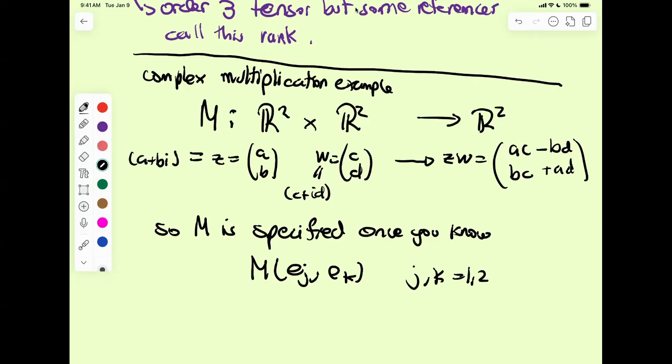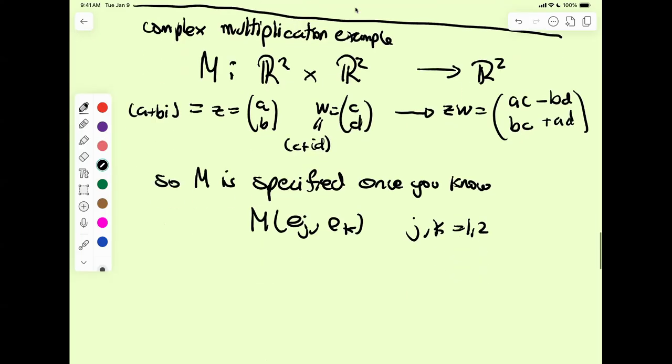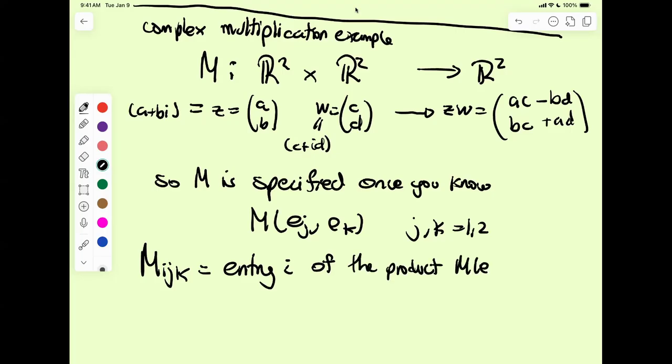But again, there's a multiplication of the two vectors as complex numbers, and so these land in R2. So you need an extra index to refer to the entry that you obtained. That's why that tensor had three indices last time. That's why I had defined M_ijk to be the entry i of the product M(e_j, e_k).